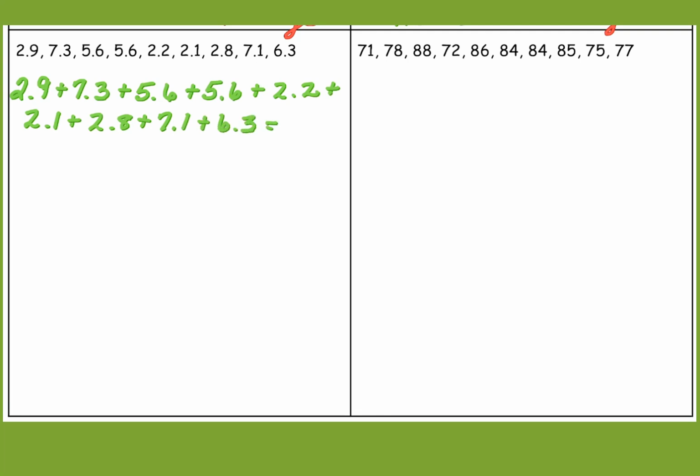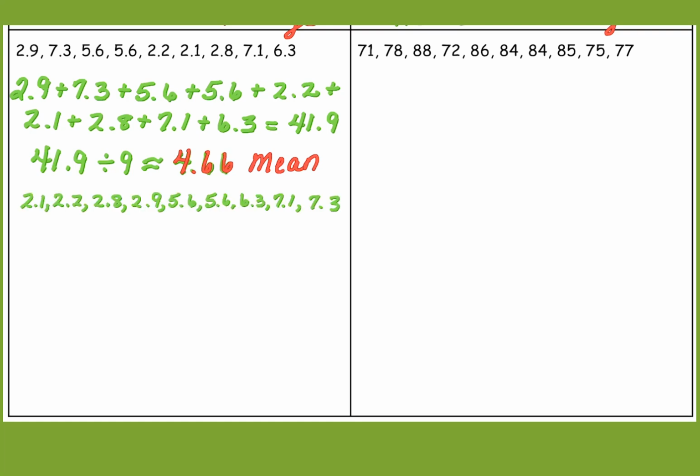When you add all of these values together, you should get a total of 41 and 9/10. 41 and 9/10 divided by the amount of numbers we have, which is 9, is approximately 4 and 66/100. So our mean for this problem is 4 and 66/100.